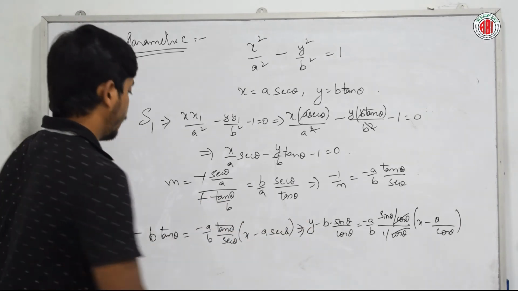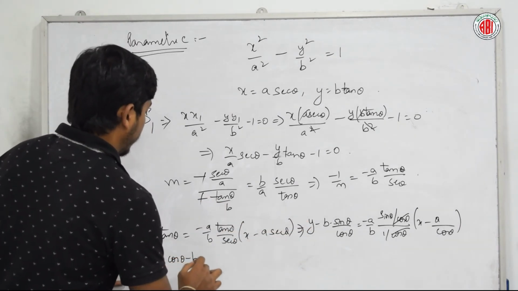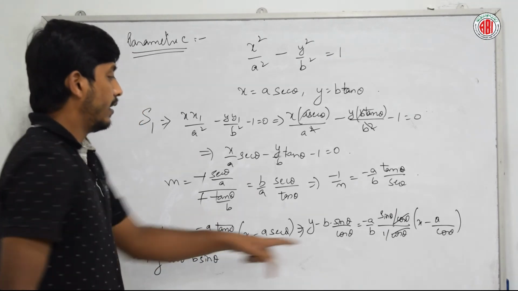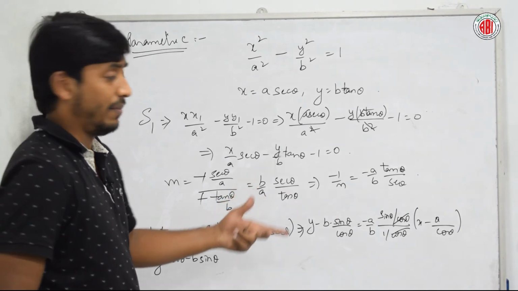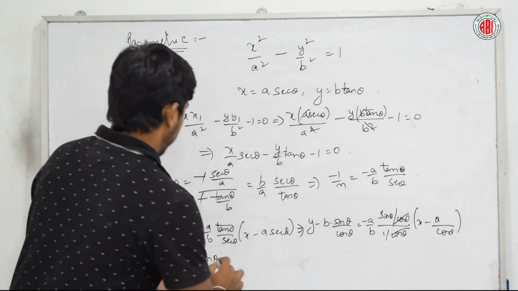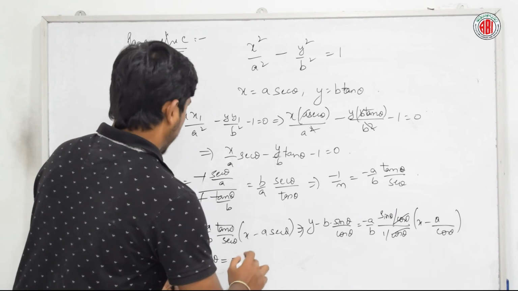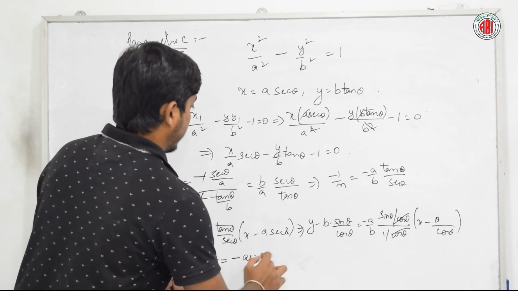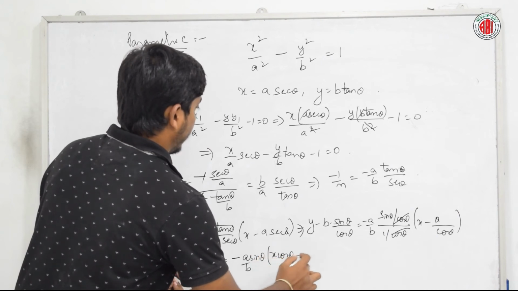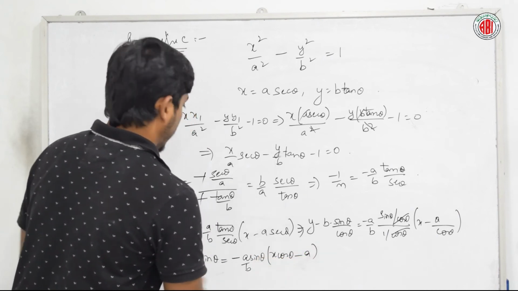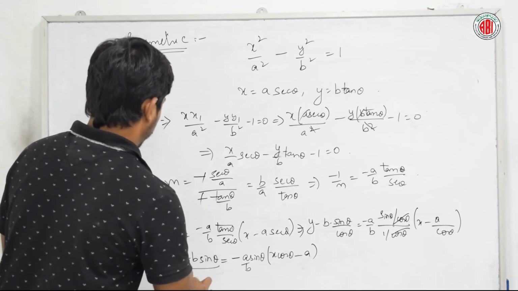And here y cos theta minus b sin theta. Let me multiply this b also here itself, or else shall we multiply again? So this is equal to minus a sin theta by b into x cos theta minus a, here whole divided by cos theta, here whole divided by cos theta.